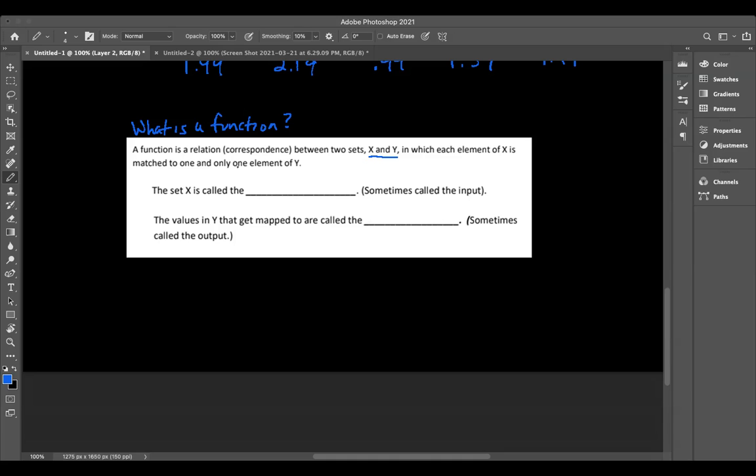So what we also call, in terms of this, is another key vocabulary term: domain and range. So basically all the set of x values or inputs are called a domain. And then all the values of y that get mapped to are called the range.